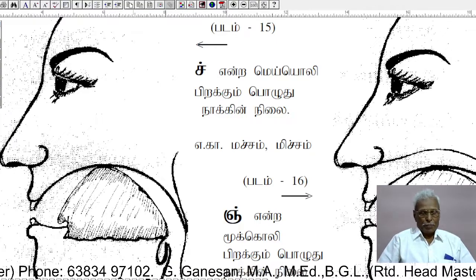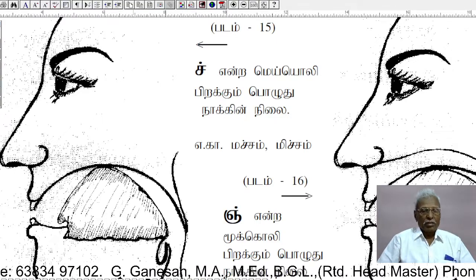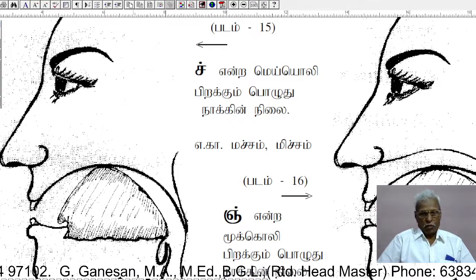Now let us see the production of the third Thamizh consonant phoneme, ich.